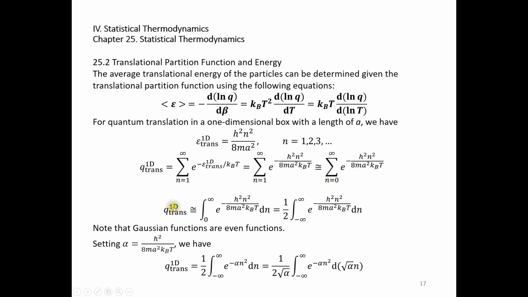Now let's look at this one-dimensional translational partition function. It's written as a sum over here, but now it's written as an integral here. So how can we go from sum to integral?